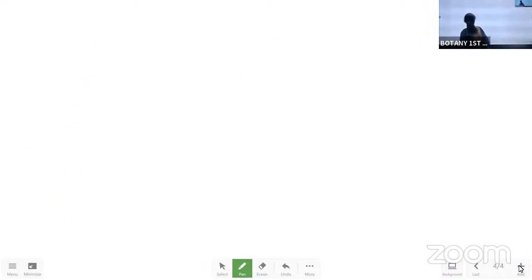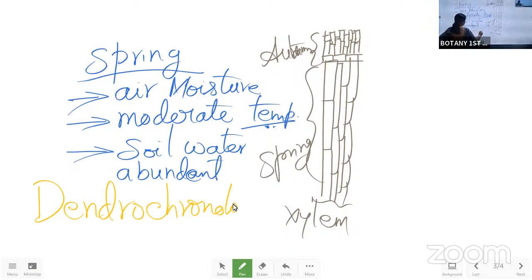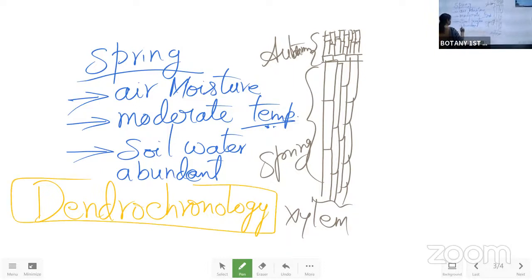The science that deals with this is called dendrochronology, that means studying the annual rings present in the tree trunk or the log of a tree. With this, we can say the somewhat nearby age.